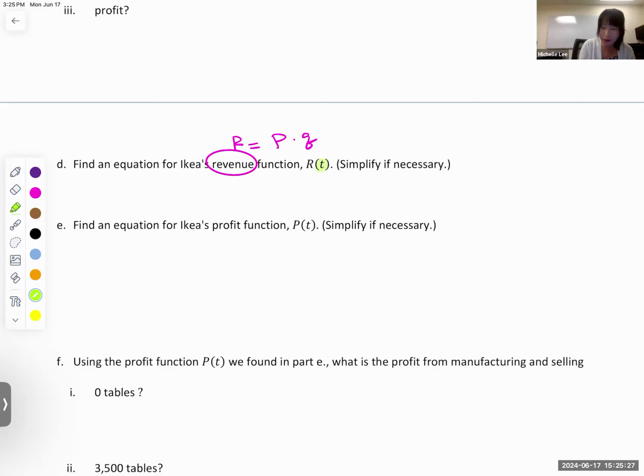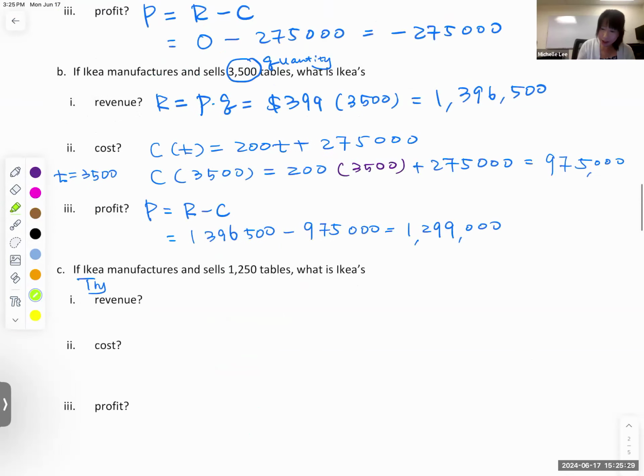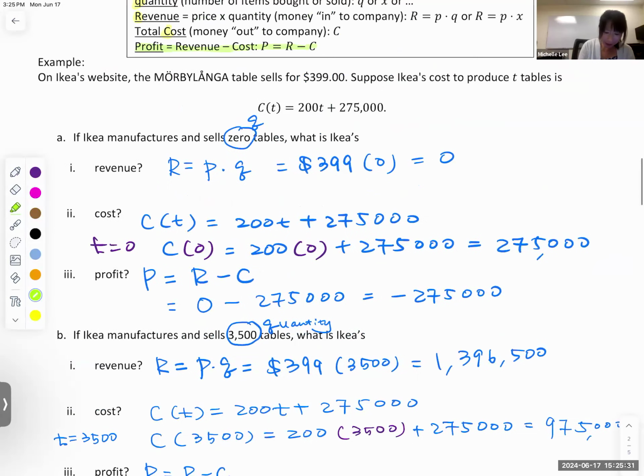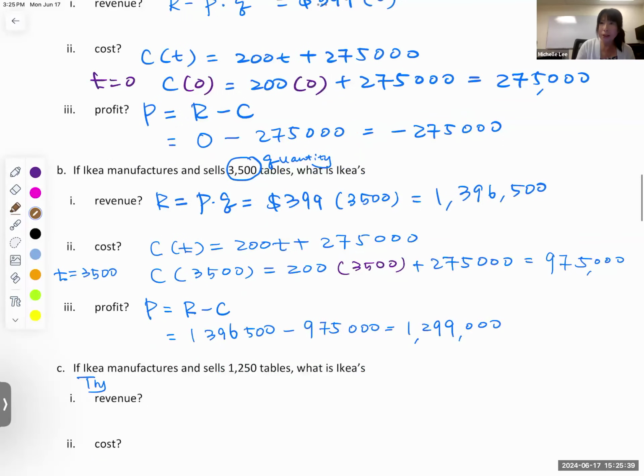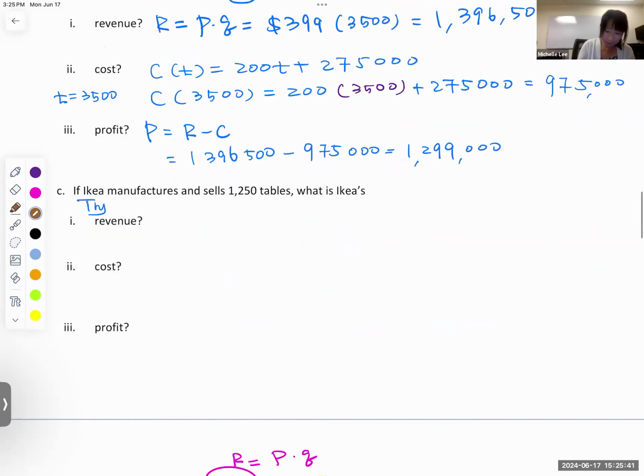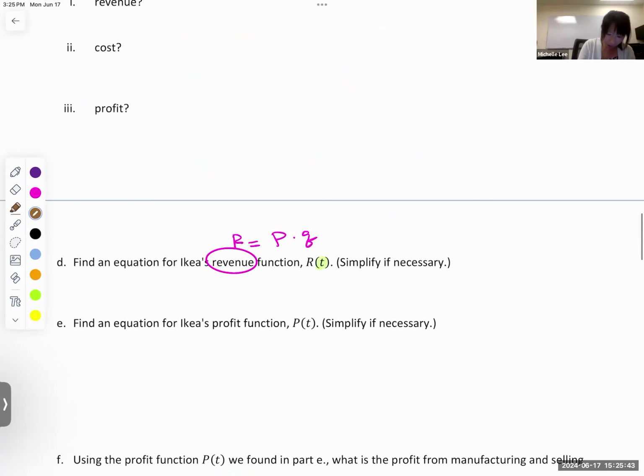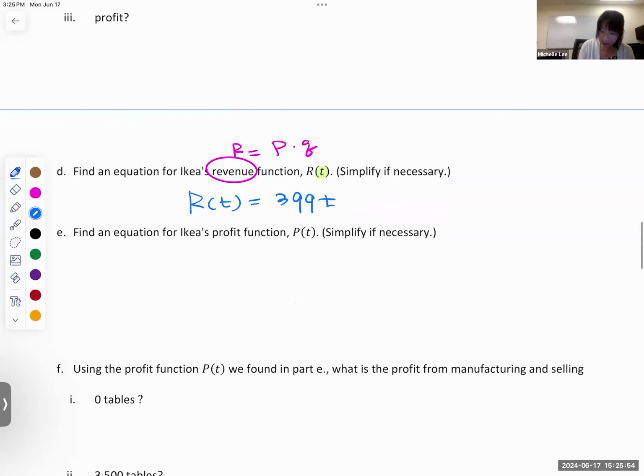So price was $399, right? So it will be 399T, right? So R of T equals 399T. Okay, now we have the profit function, so P of T.